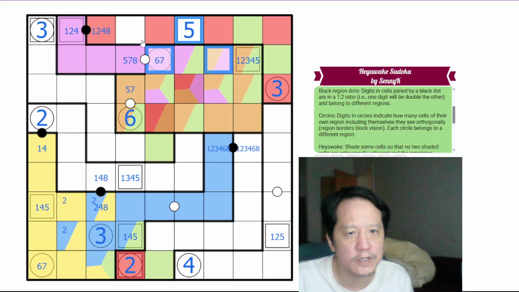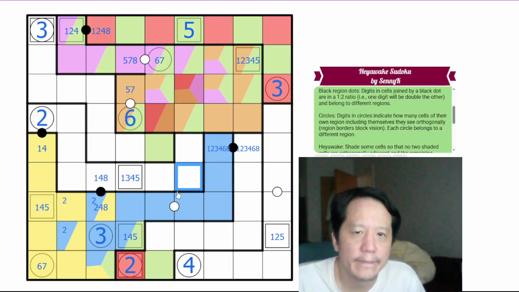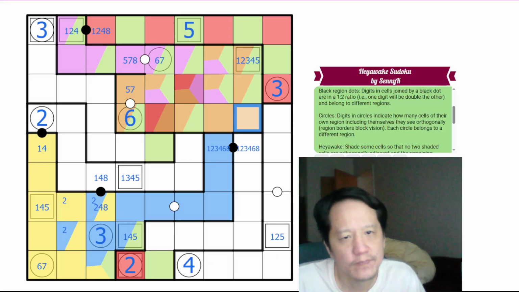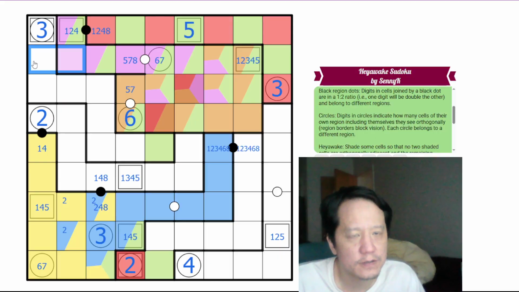All unshaded. I mean, it's possible. Hmm. You would have to have one of these be shaded.